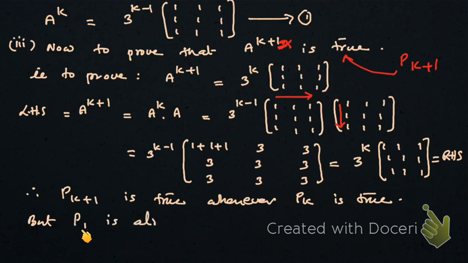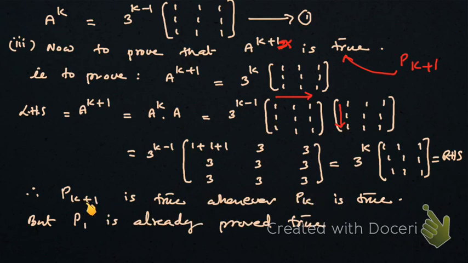But in the beginning, we already proved that P1 is true. And if P1 is true, then it has to be true for P1 plus 1, which is P2. The result is true for n equal to 2. Now if P2 is true, it has to be true for n equal to 3. If P3 is true, then it has to be true for the very next integer 4.